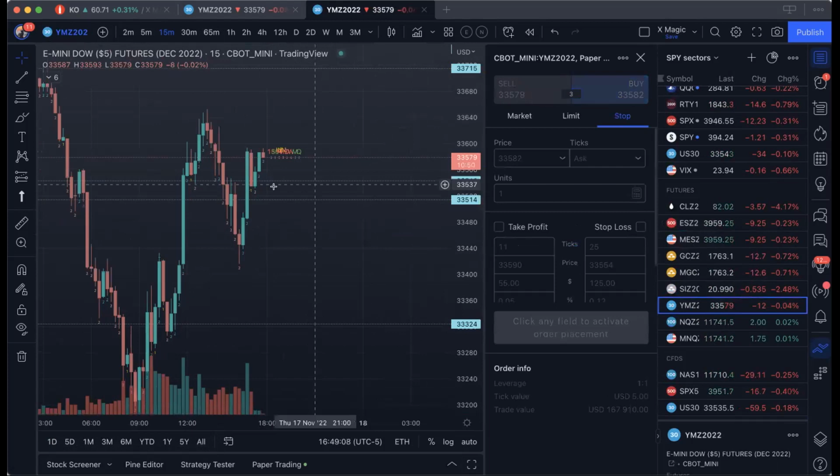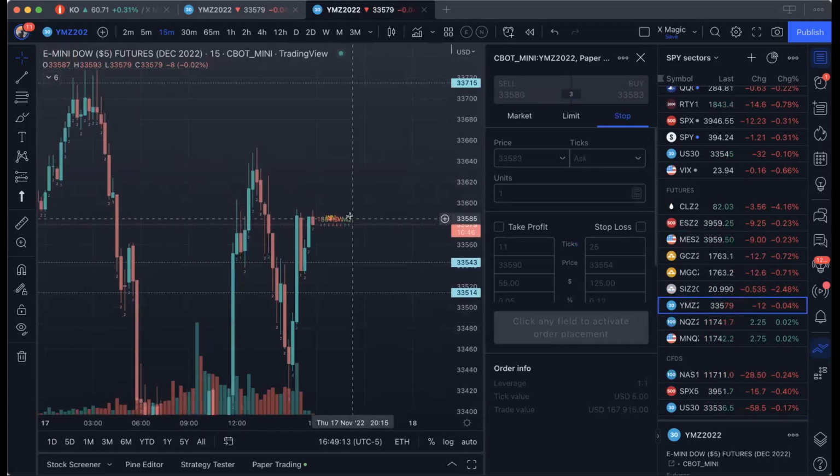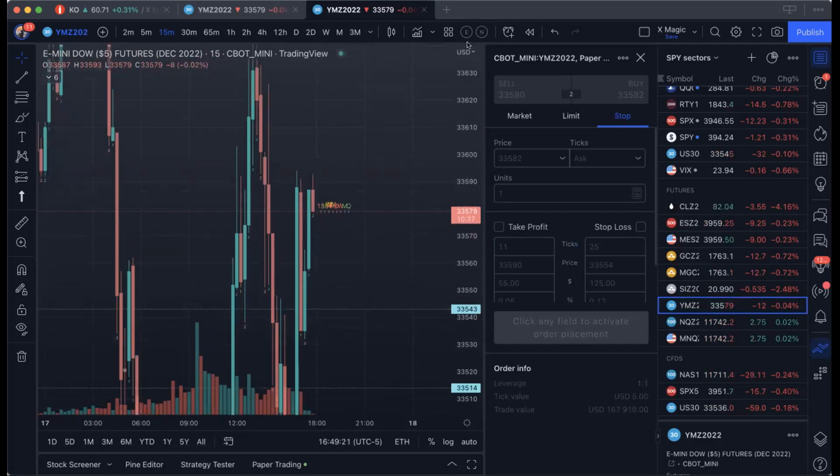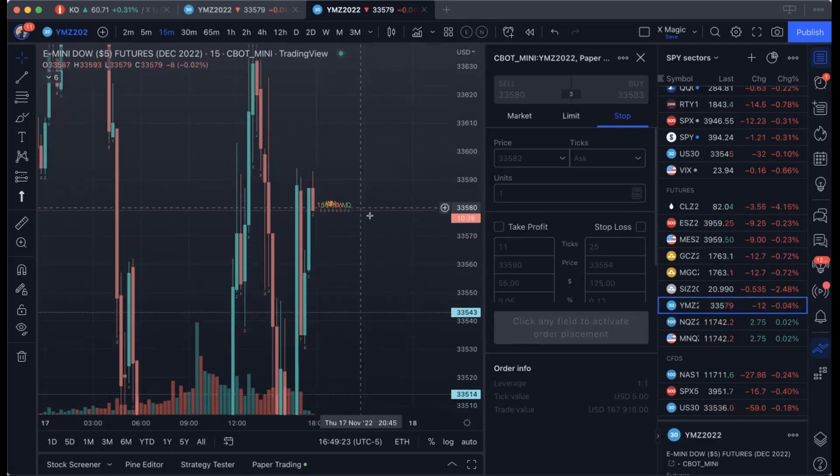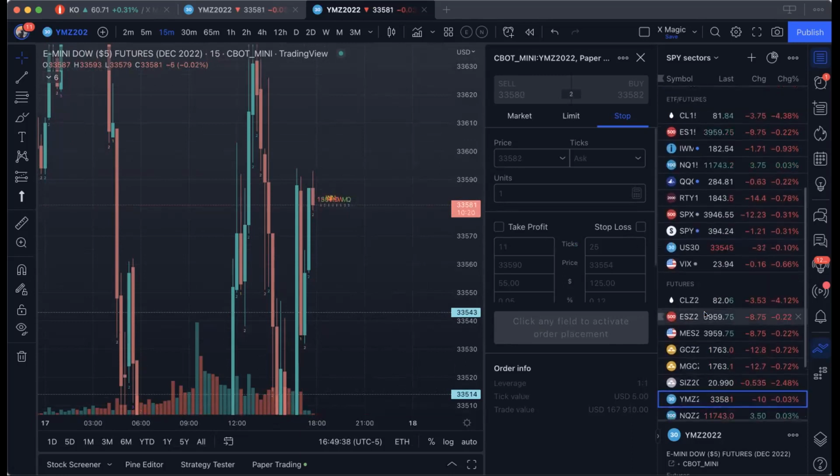Because if they hit you, let's say your trigger is right here, but it pumps up as soon as you hit market buy, they're going to fill you all the way up here, which is actually the first target, or maybe almost at the second target. So for the most part, you want to either do limit or stop, never at market. That's my personal preference, and that's what I recommend as a non-financial advisor. Cool.